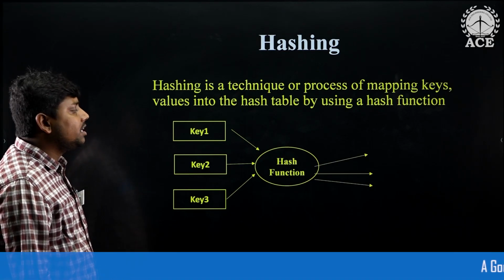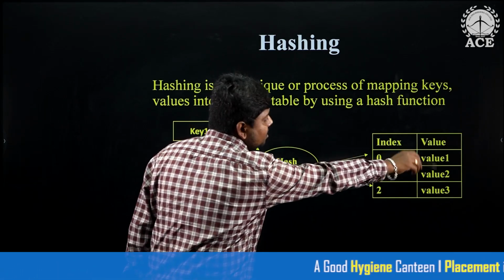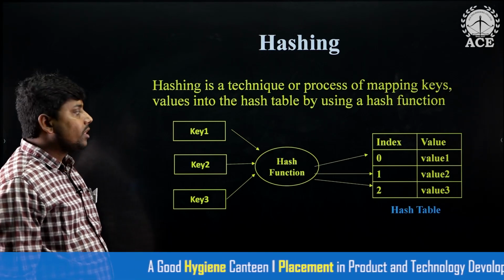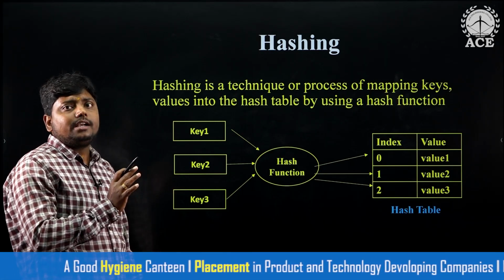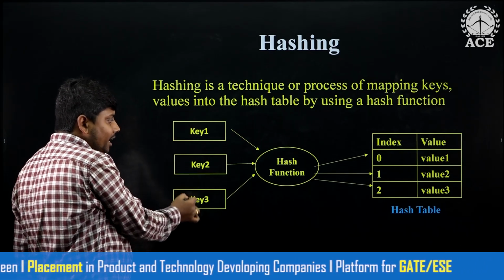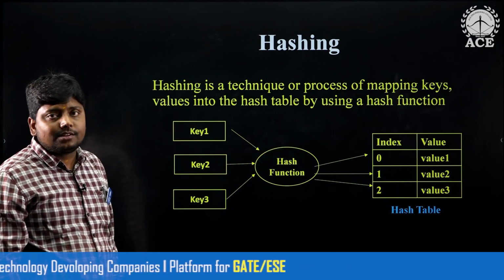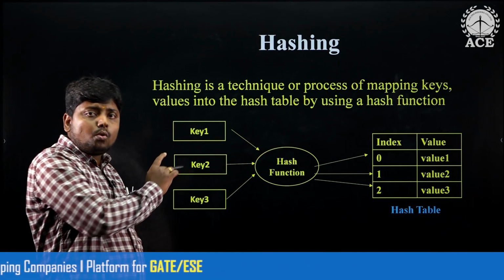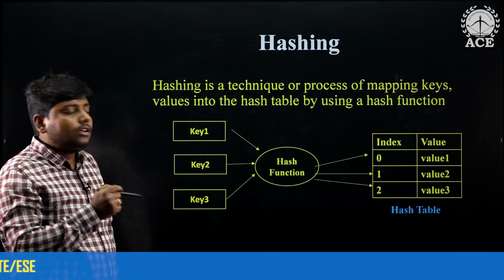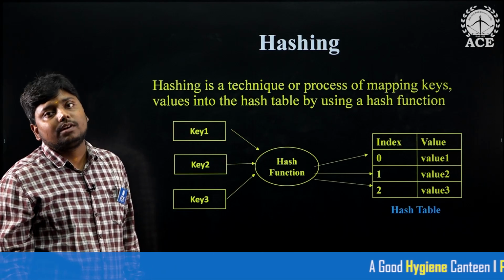The hash function will be responsible for mapping these elements to this table, and this table is said to be the hash table. We will understand it with the help of an example. I repeat, these are the elements which are supposed to be stored in a hash table, and that storing will be done through a mathematical function, which is said to be the hash function.